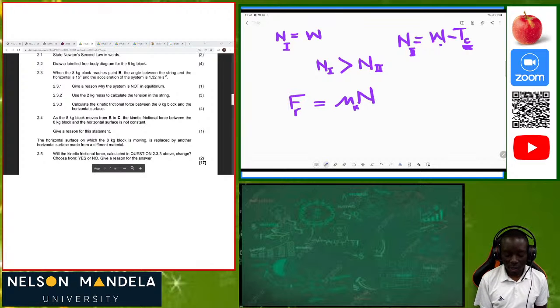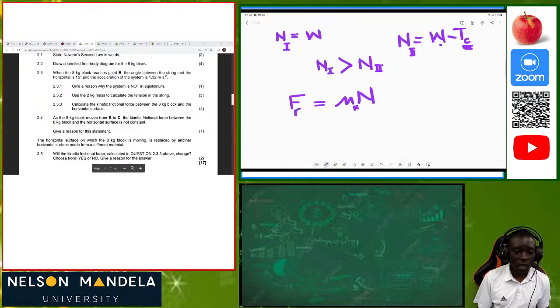Because the normal is constantly decreasing, the kinetic friction will not be constant. It will also be constantly decreasing. Or we can say because the angle is changing, the normal also changes such that the kinetic frictional force will not be constant.